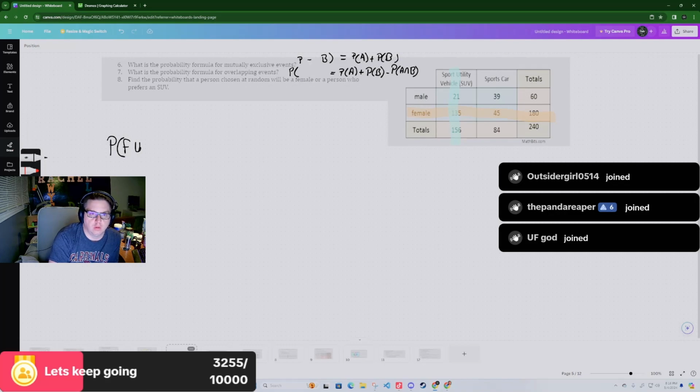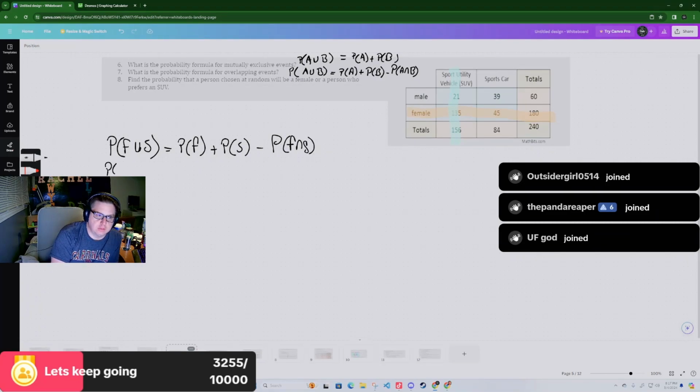So we'll do probability of A or B, but there's overlap here. So F or S, SUV. So we need the probability of females plus the probability of SUVs minus the probability of a female and an SUV because they're getting counted twice.